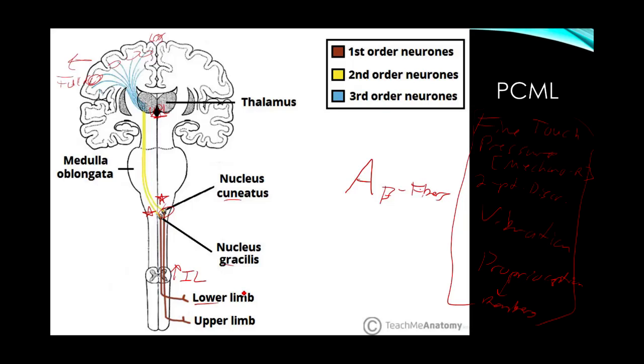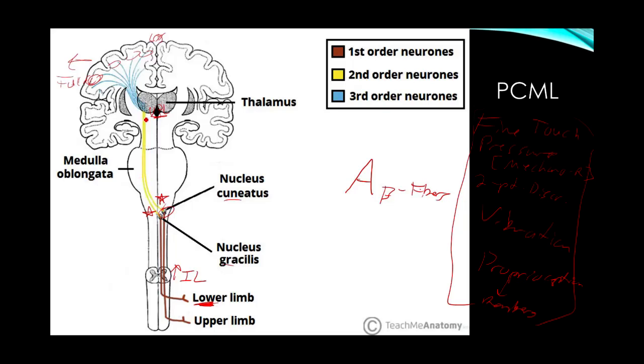Legs are lower limb. So let's say vibration sense in the lower limb, for example, would travel through its first order neuron, ascend ipsilaterally, and its lower limb, right? So it'll ascend in the gracile fasciculus. Its first order neuron will synapse in the nucleus gracilis.